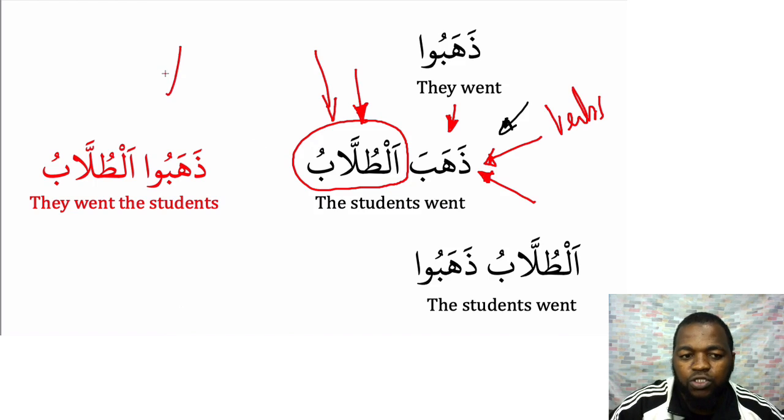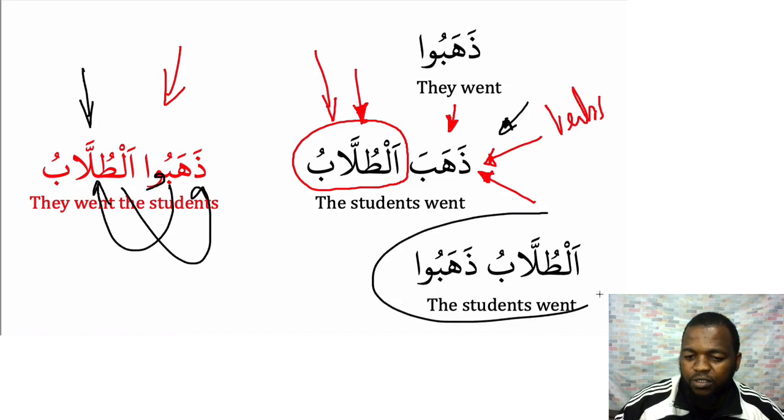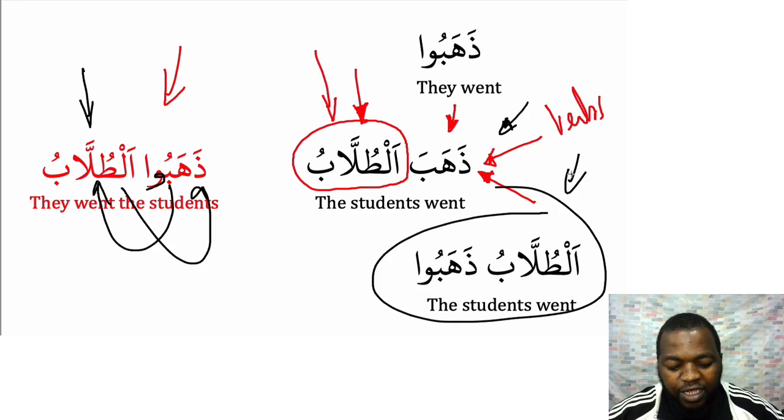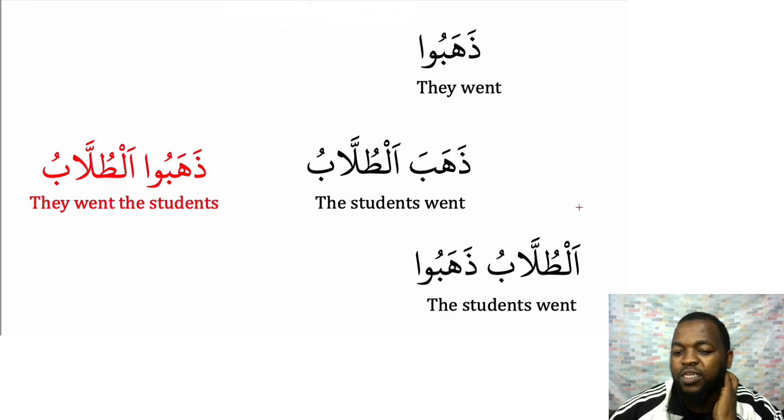And here it's wrong because here you already have the subject. It's wow. And what is this? Doesn't make any sense. Now, if you change the order, like here, this down here is very much correct. But why is it correct? Because here, this is not a verbal sentence.